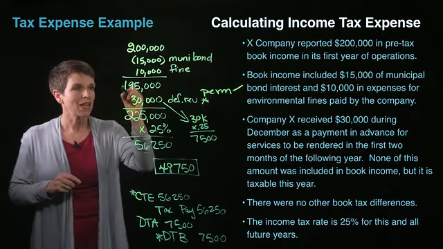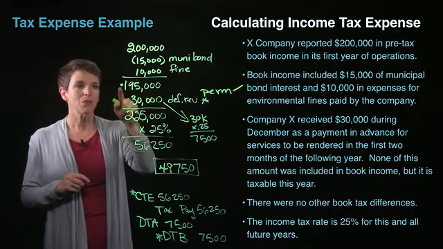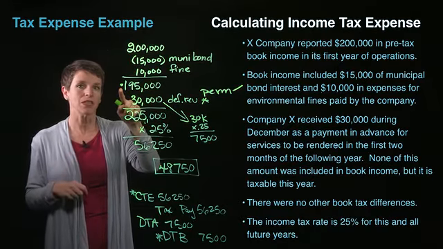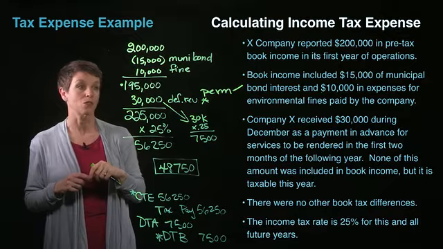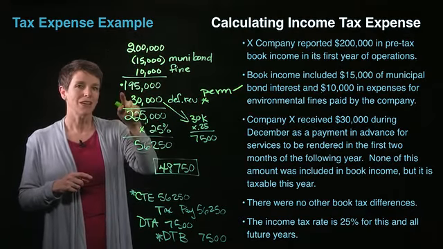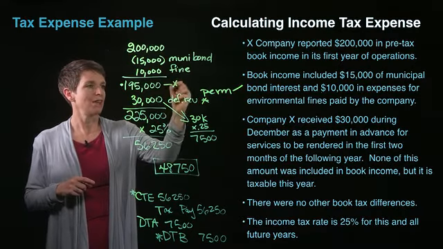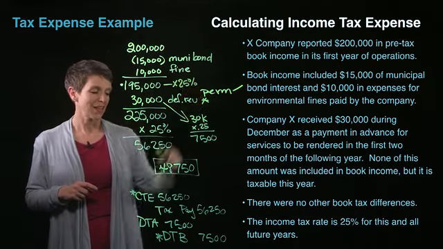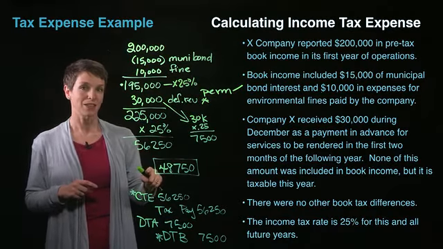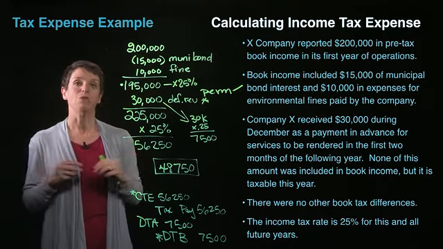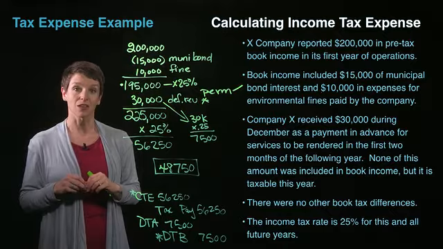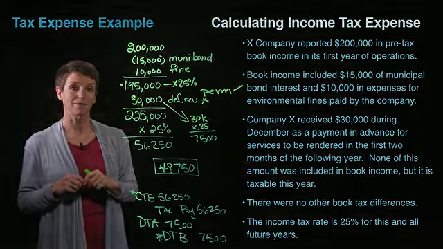We can come back here to this number. This represented everything that would be taxed at some point that's included in my books and records right now. 195 times 25% is $48,750. Now we know we've appropriately accounted for all of the tax expense necessary for this particular company.